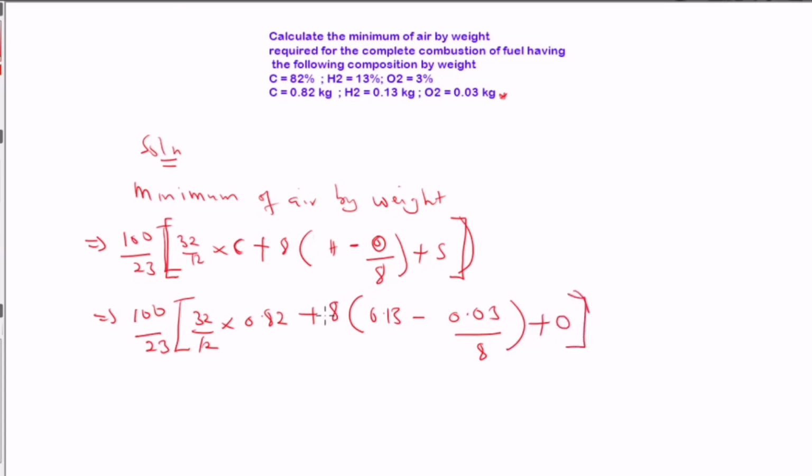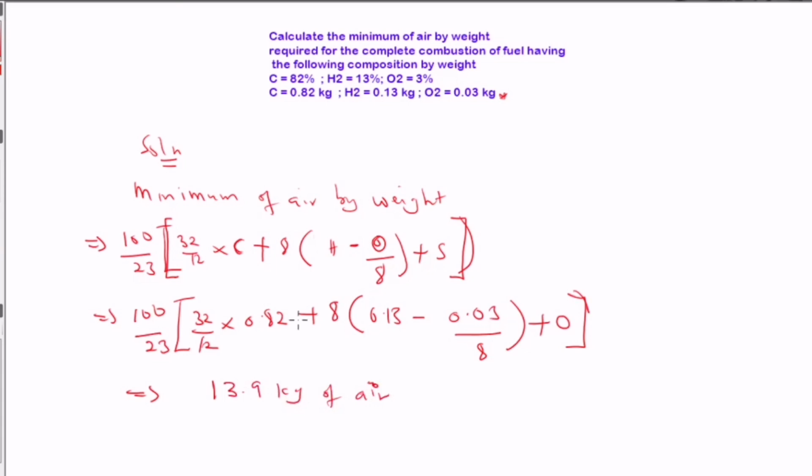On your calculator, this is how you open it. So let's do that. When you do that correctly, for question number 1, you are going to get 13.9 kilograms of air.